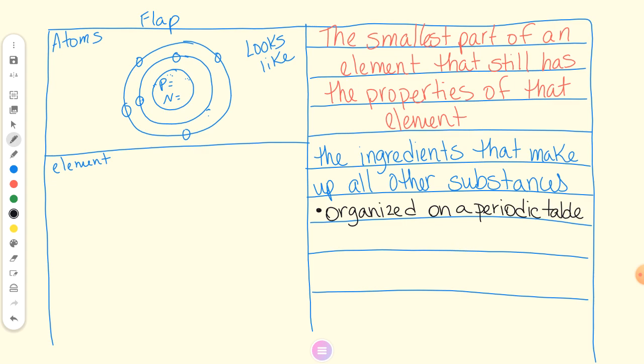That's where we find all of the elements in a nice, usually color-coded list. Not really a list, picture. So they're organized on a periodic table. Over on the flap, I want you to write "looks like" again.